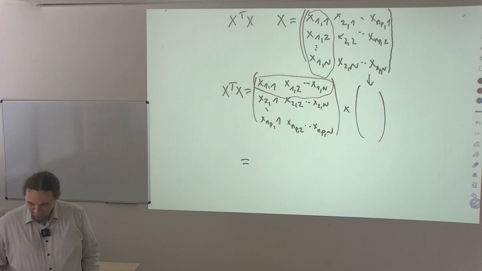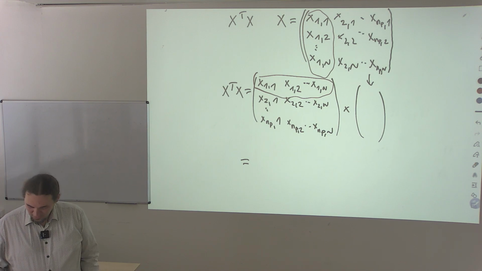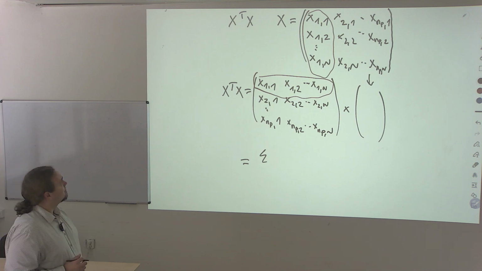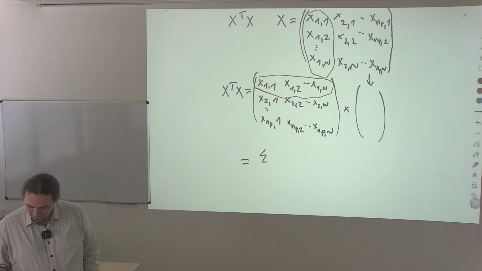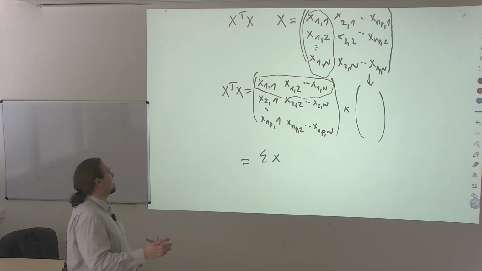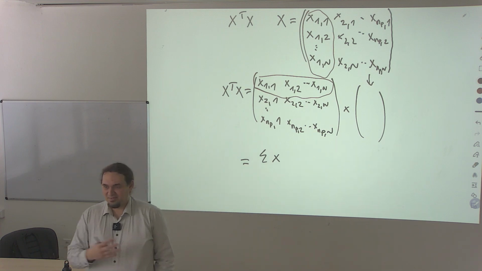So what will it be if we now turn back to our old ugly notation with the sums? We can write it definitely as a sum. What do these x's have in common? Which index, first or second?